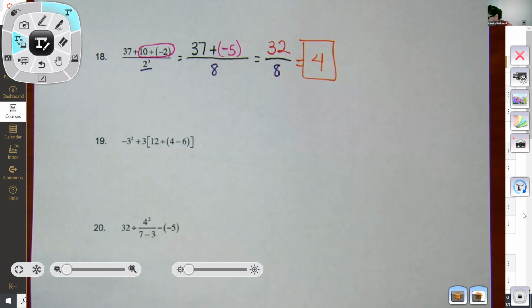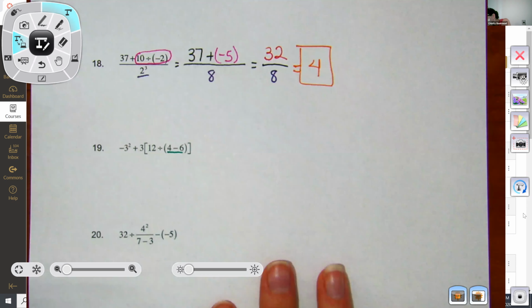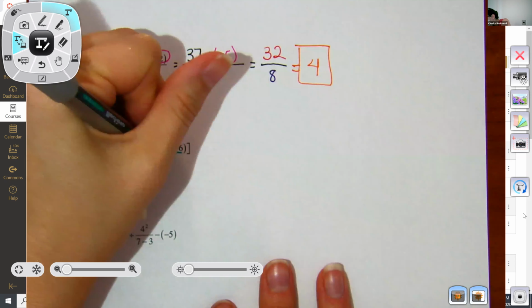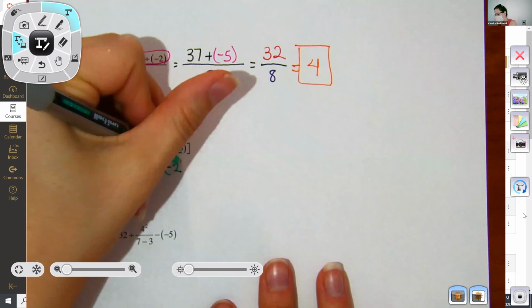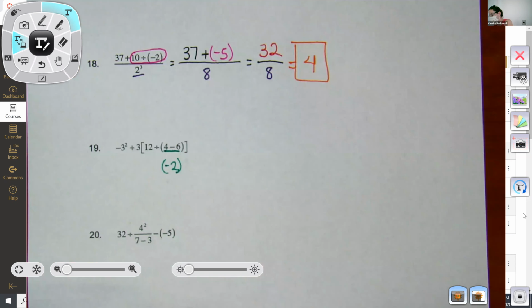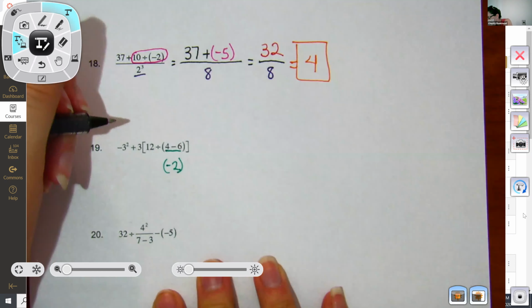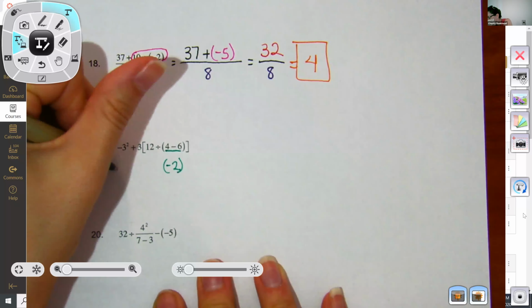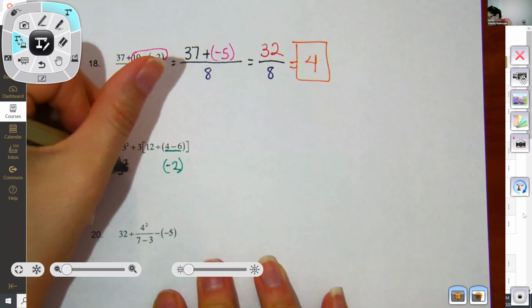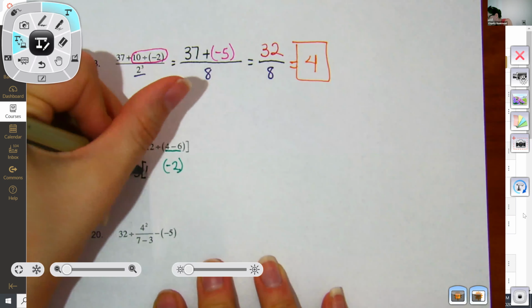Number 19, so let's start with the parentheses. So 4 minus 6 is -2. I'm going to bring everything else down. -3 squared plus 3 times 12 divided by -2.